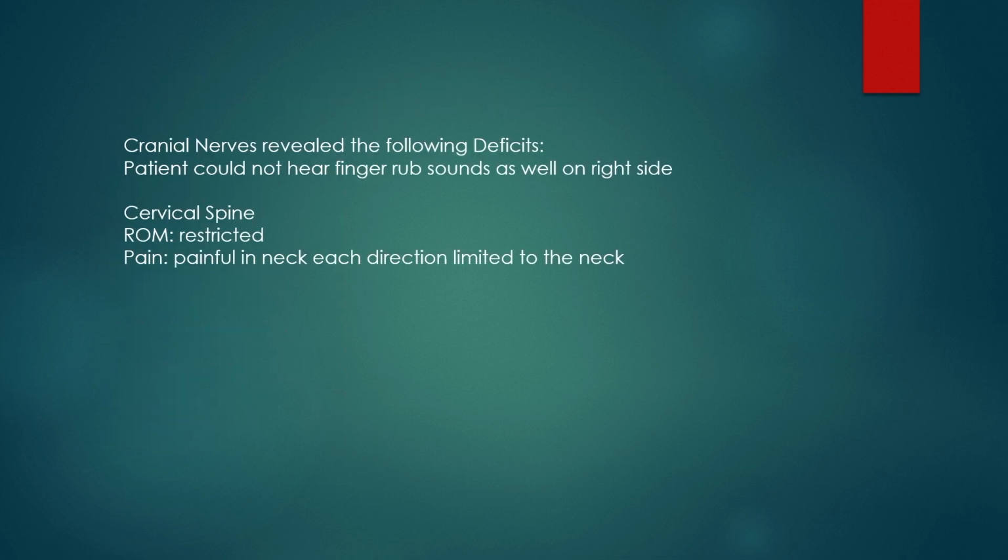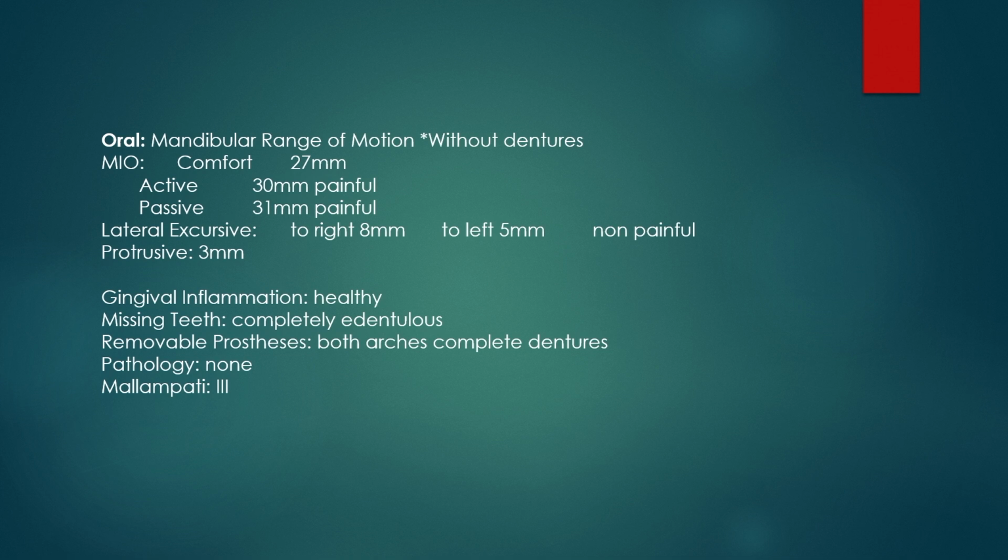So what we did, he couldn't hear finger rubs quite as well on the right side either. Sometimes there can be that change as well. And then he does have painful neck movements. He does have a restricted range of motion, only 27 millimeters comfort. Active was 30.